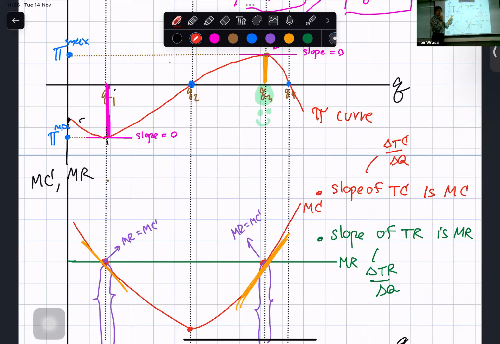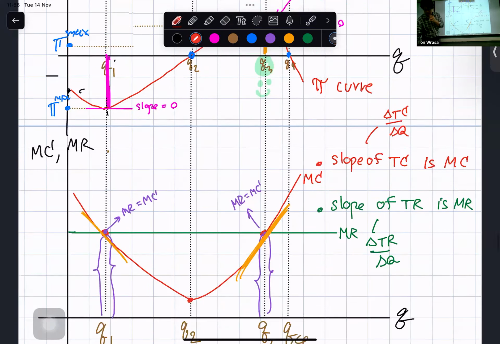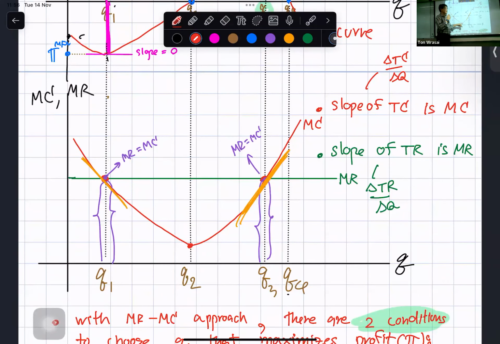So the second requirement we call the sufficient condition, which in easy language is: choose the Q that profit, choose the Q that MC is rising.